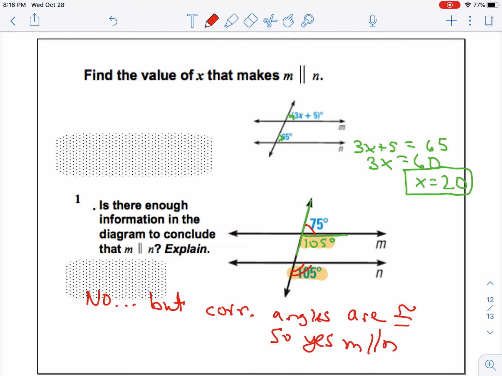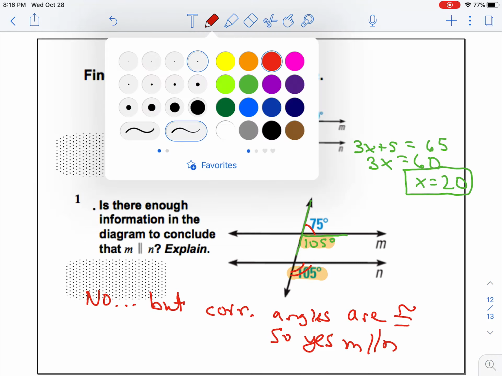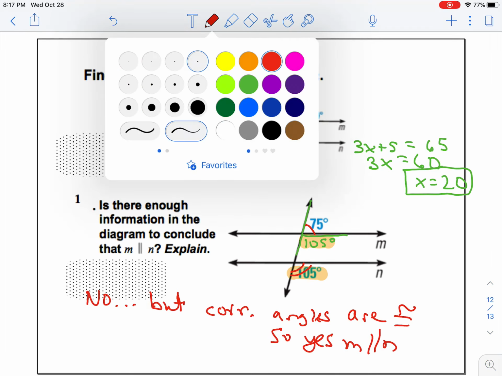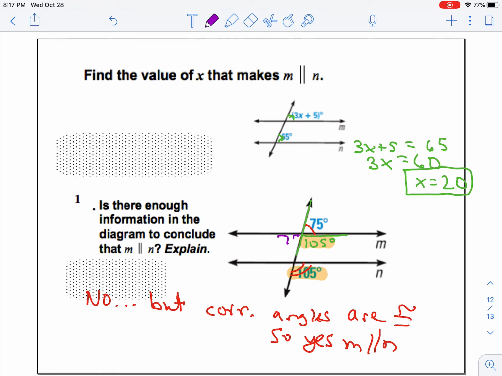So sometimes you're not given the information, but you can get it from a linear pair, or you could have gotten this actually from vertical angles right here. If you use this vertical angle right here, okay, and you use this vertical angle right here, now you could say that because of consecutive interior angles, the lines are parallel.